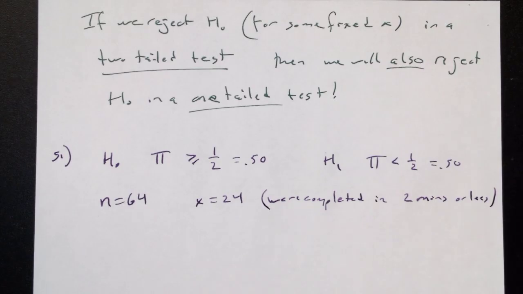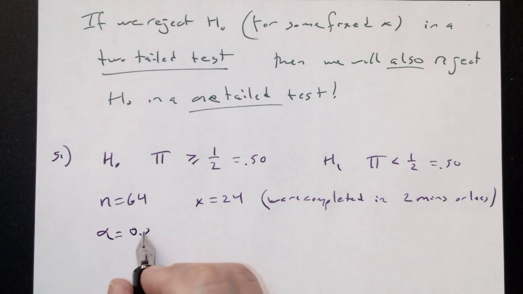Those are successes. They actually tell me in the text, assuming alpha is 0.05. So I'm going to write that down over here so that I have it for later.